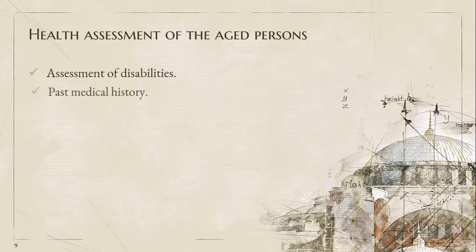Next, past medical history. For the old age person, we should see any past history like any injuries or any diseases like measles, diphtheria, blood pressure, diabetes, heart diseases.